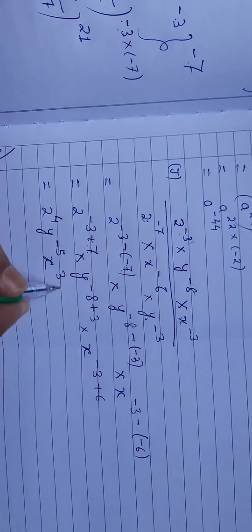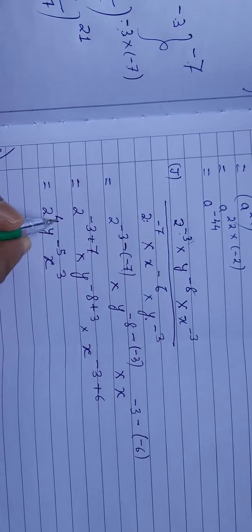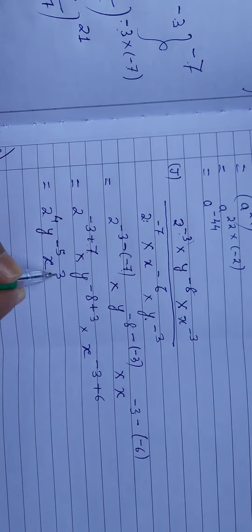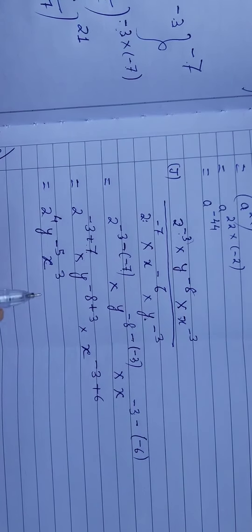So we have kept the answer in the exponential form, 2 to the power 4, y to the power minus 5, x to the power 3.